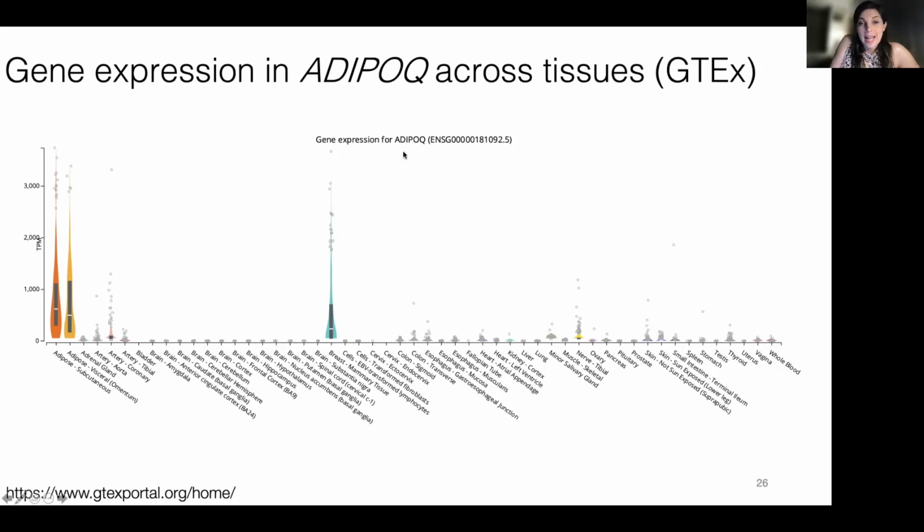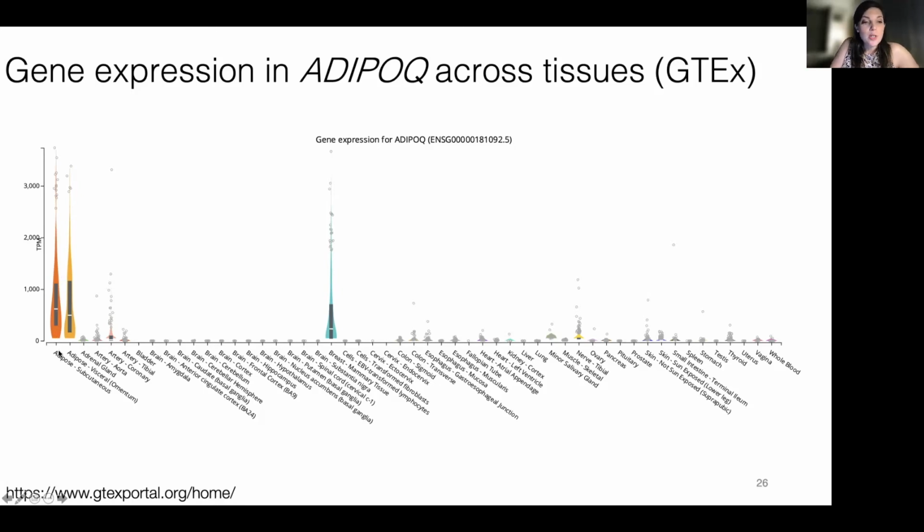So back to this ADIPOQ gene, we see that the expression on the y-axis is TPM, which is transcripts per million. It's a common metric for normalizing the transcripts by the read sequencing depth so that you can compare across tissue types.